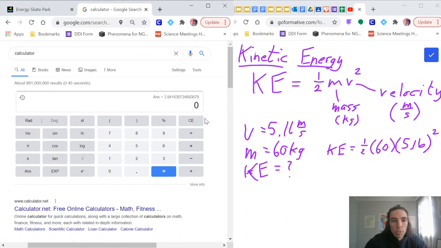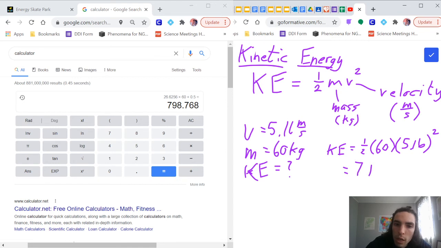So I'll type 5.16, and then I like to use this little x to the y button, squared, and hit enter there. So I'll square the velocity first, and then I'll go back and multiply by the mass, and then I'll multiply by the 1/2 or the 0.5, and that's how I'll get this kinetic energy.